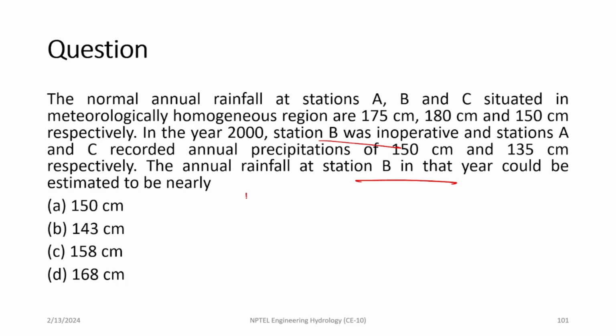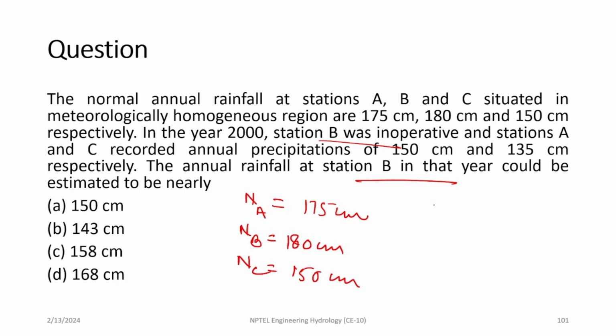What they have provided is NA, that is the normal annual rainfall for A. Ashish, you have to calculate and tell me the values, Balamurgan also. NB is 180 centimeter, and NC is 150 centimeter.